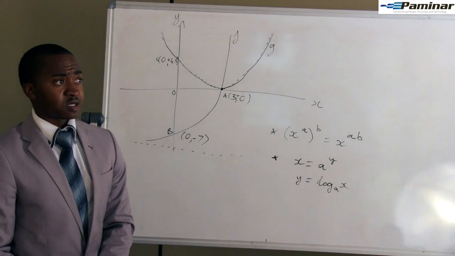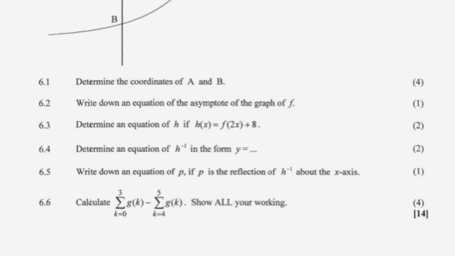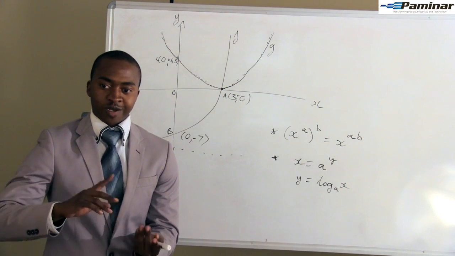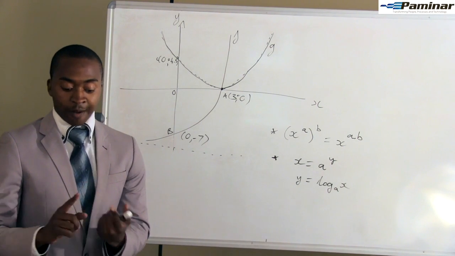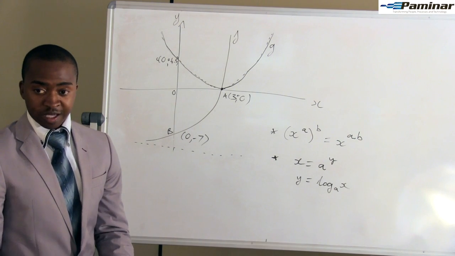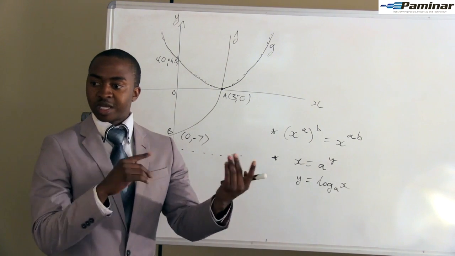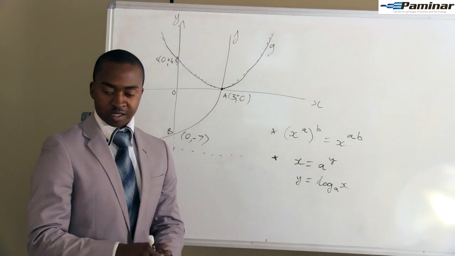So 6.5 says, write down an equation of P if P is the reflection of h inverse about the x-axis. This is just for 1 mark. It's also one of those things where if you know your logarithms, or you know what a reflection about the x-axis means, it pretty much is just a change of sign. So it should be a negative.